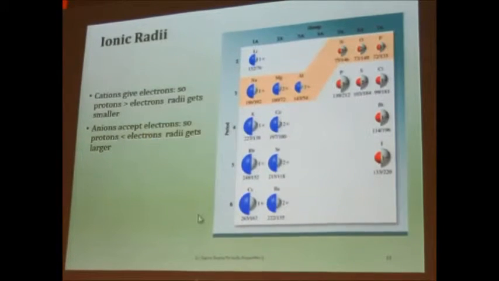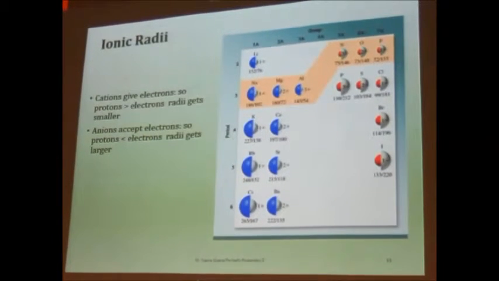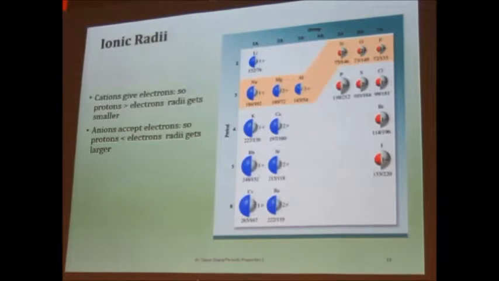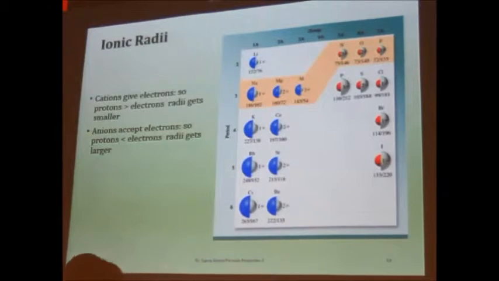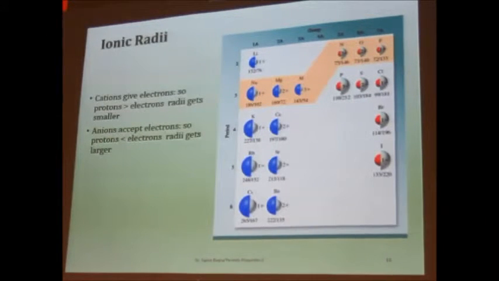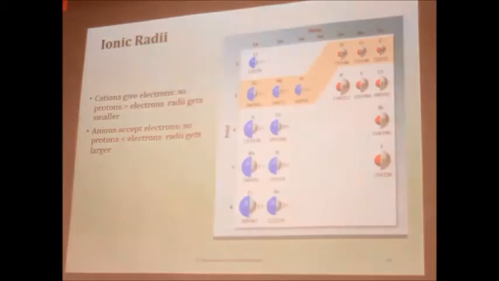Now let's talk about the ionic radii. This is an interesting thing because it's not the same as the atomic radii. In atomic radii, everything is neutral. You have your total number of electrons, and you also have the protons in there. But when you start looking at ions, things change a little bit.